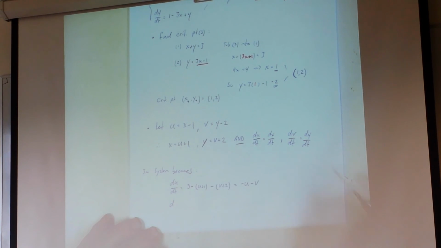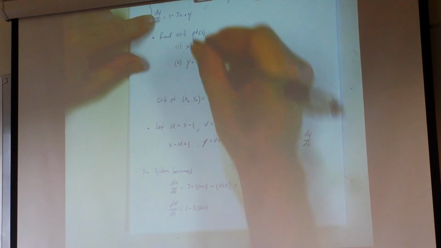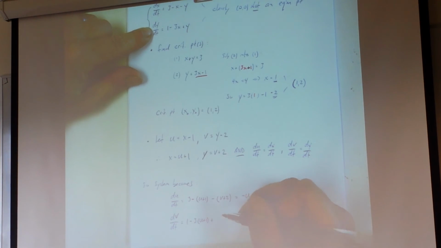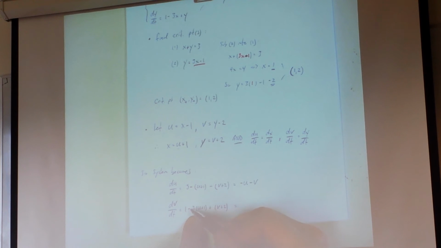dy dt can be replaced with dv dt equals 1 minus 3x, x is u plus 1, plus y, and y was v plus 2. So push this negative 3 in, I'm going to have a negative 3u plus a v.